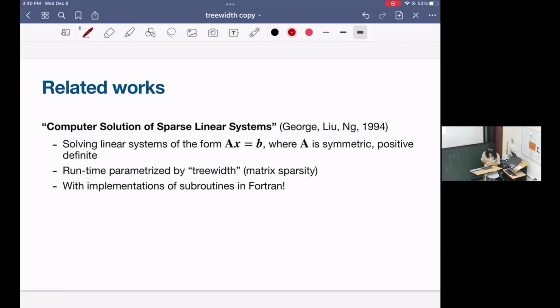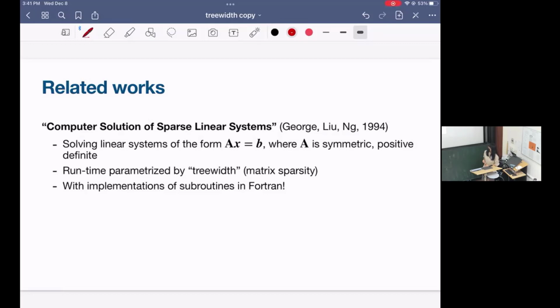Okay, so of course there are a lot of related works in terms of parameterizing by Treewidth, but I'll just mention a couple that are more related to what we do. Already many years ago, there are sparse linear system solvers where they take advantage of the sparsity of the matrix. This is following a long line of work, actually by George and Liu, and this here itself is a textbook, I believe.